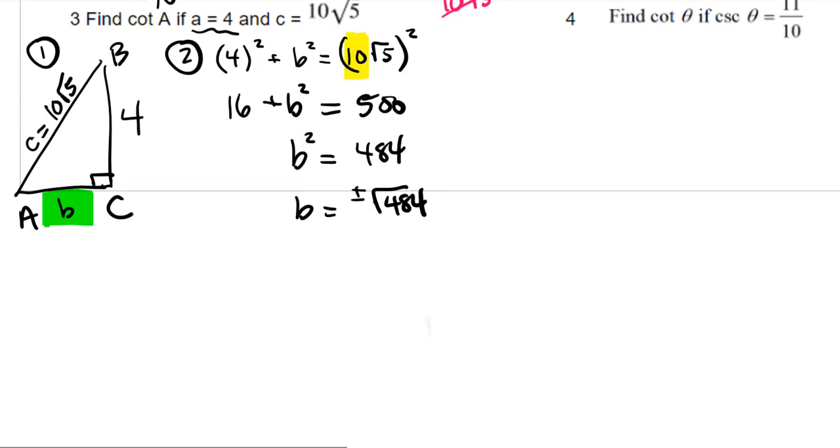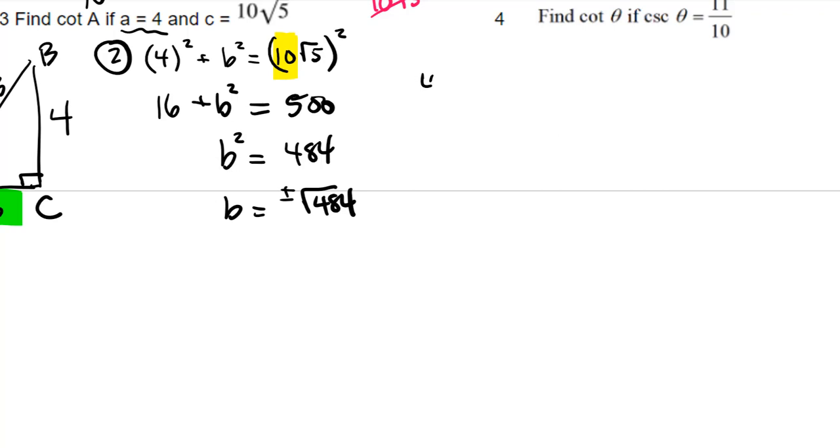Now to figure out the value of b, 484, a lot of times people will want to do a factor tree on that, and that's cool, but for the factors you pick, try to pick perfect square numbers. I can look at this number, 484, and I know 4 goes into it, and it does 121 times. So a little bit different than a regular factor tree, because don't forget, we've got a square root around it.